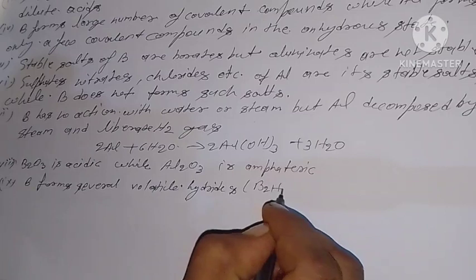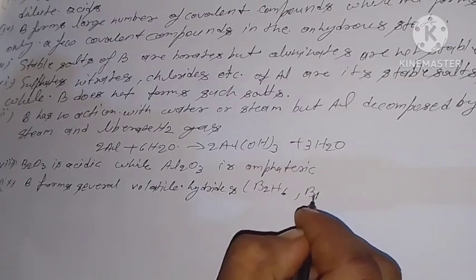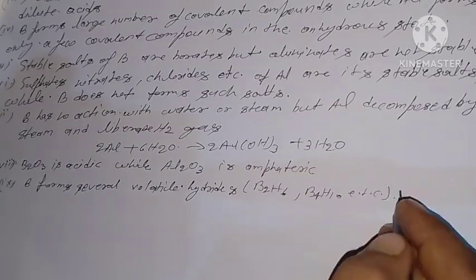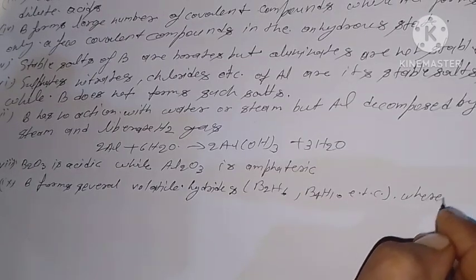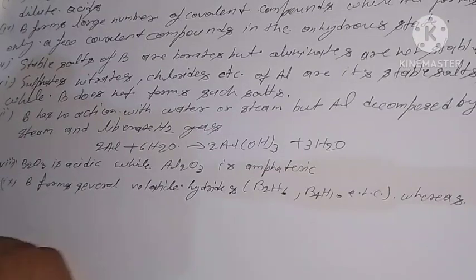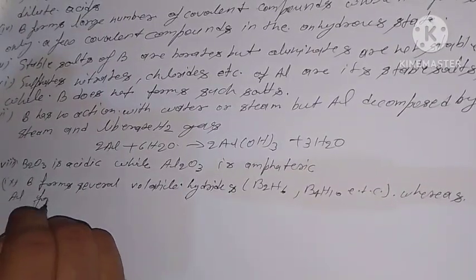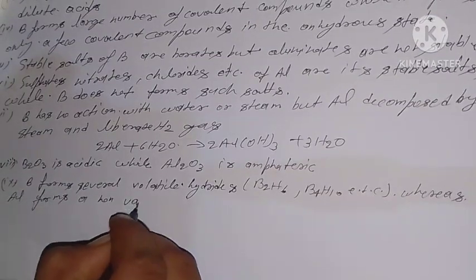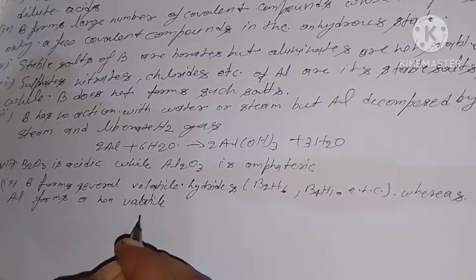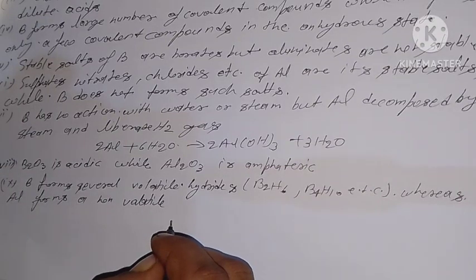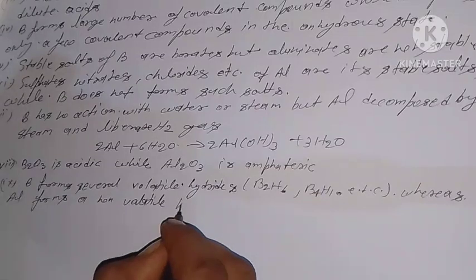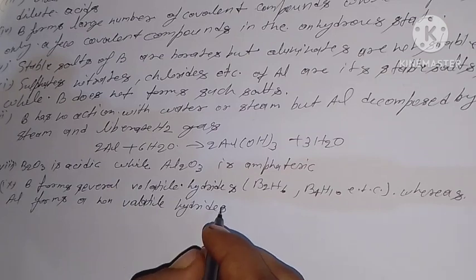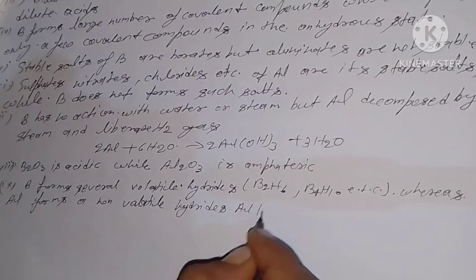Example: B2H6, B4H10, etc. Whereas aluminium forms non-volatile hydrides, AlH3.